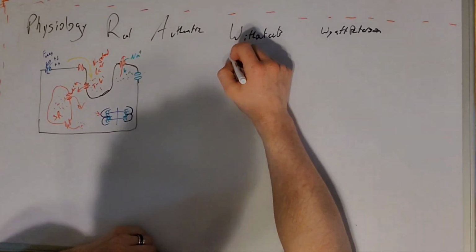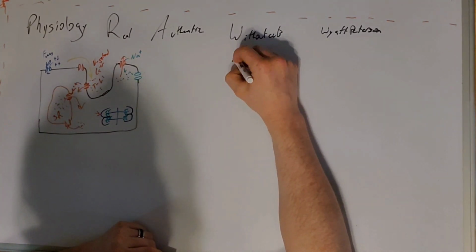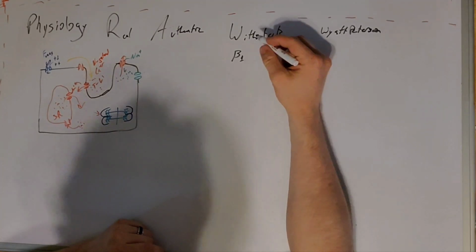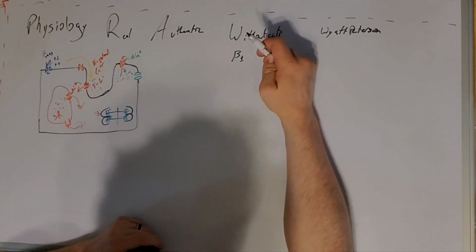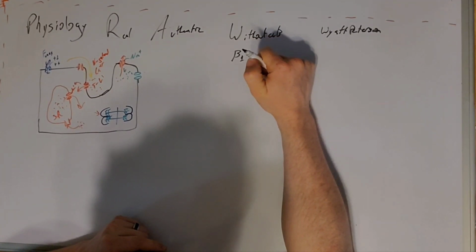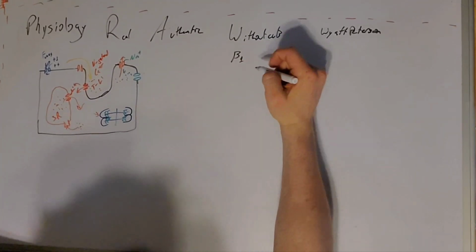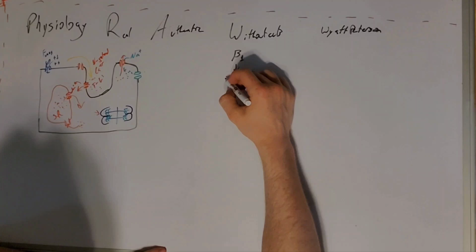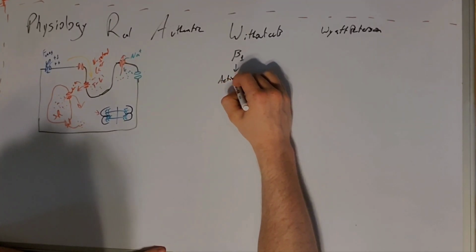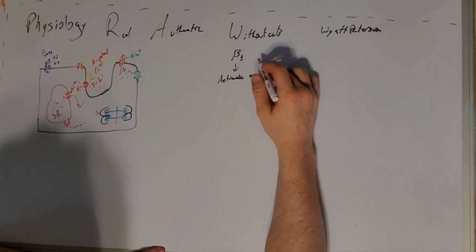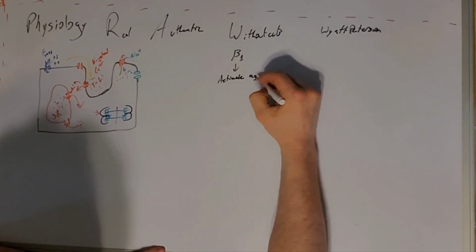Yeah, so everything starts out in the same way, so I'll just make it black. So epinephrine or norepinephrine will bind to beta 1 receptors, and then that will activate the subunit A right there.